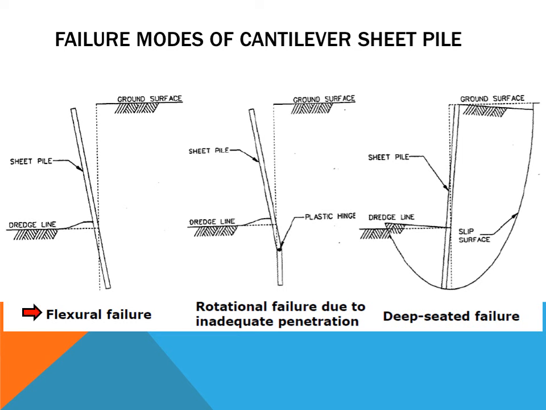The first picture is a frictional failure, whereby the sheet pile is still intact but moving forward to the unsupported side. The second one is due to rotational failure, which is mainly because the penetration of the sheet pile is inadequate. And the last one, the deep-seated failure, is mainly due to the stability of the slope itself.